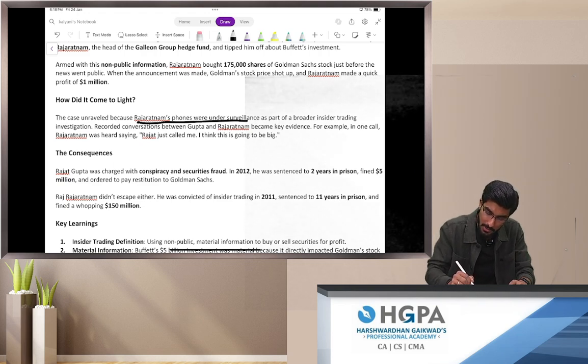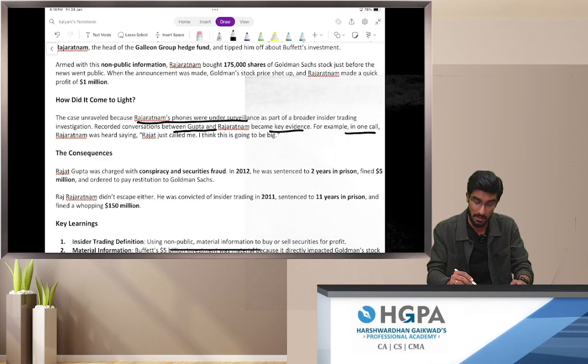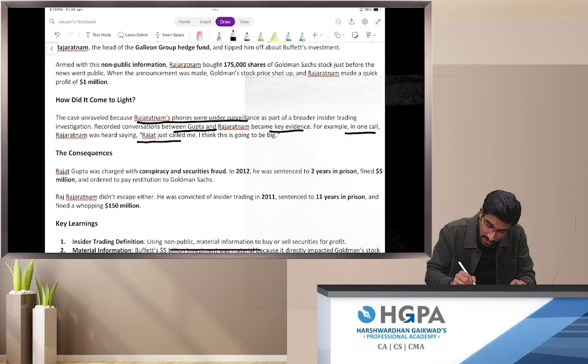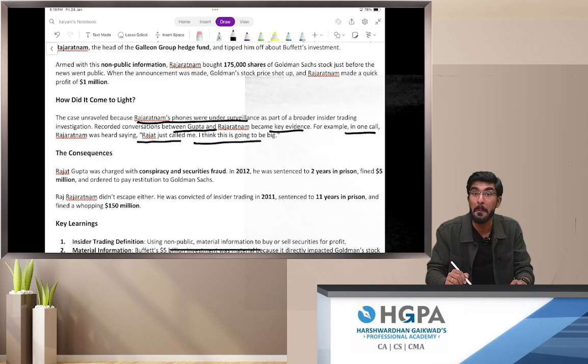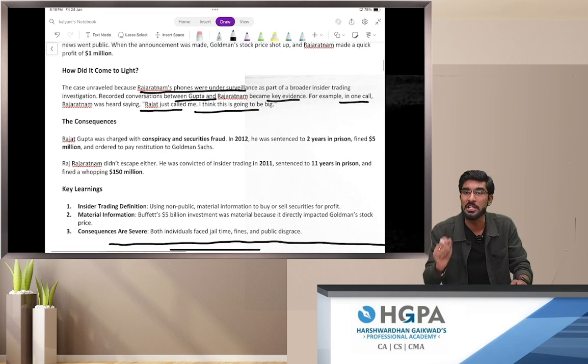Recorded conversations between Rajat Gupta and Rajaratnam became key evidence. For example, in one call, Rajaratnam was heard saying, "Rajat, just call me, I think this is going to be big." And what are the consequences?